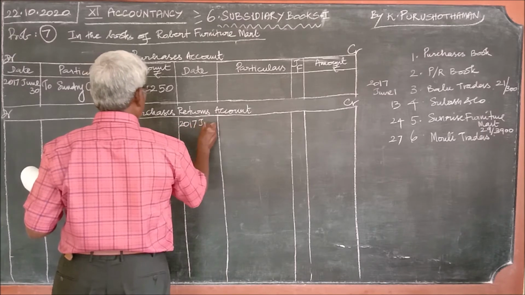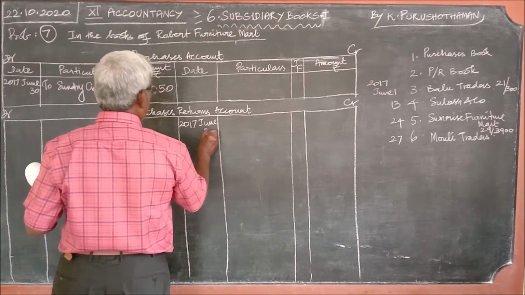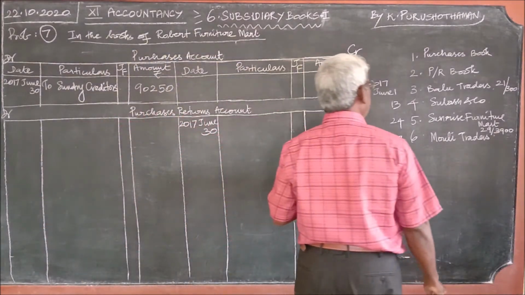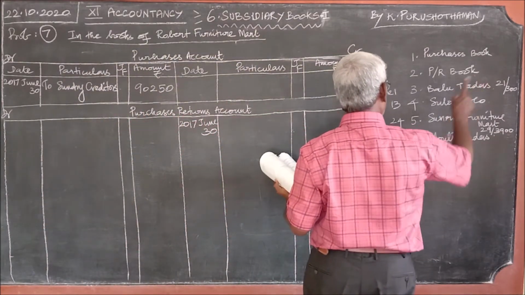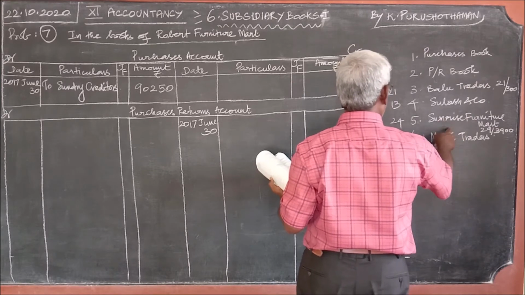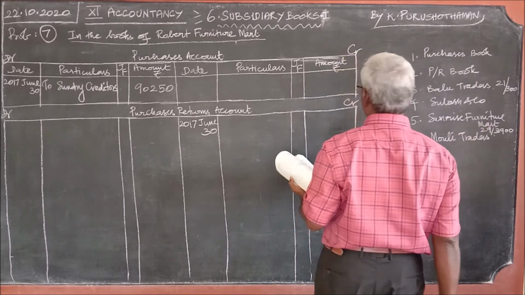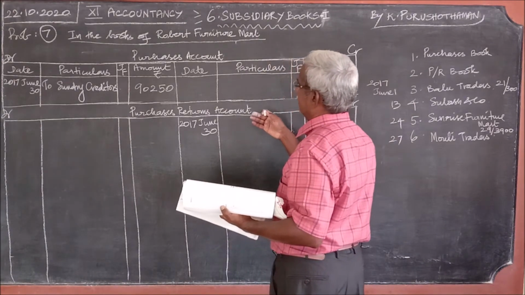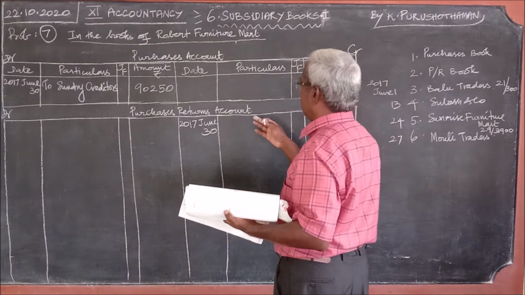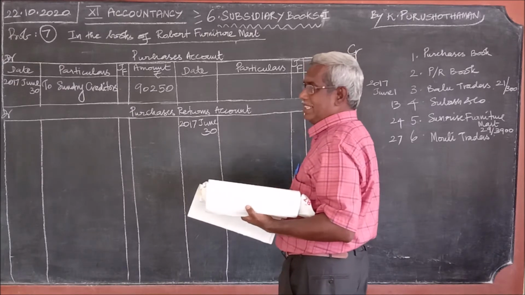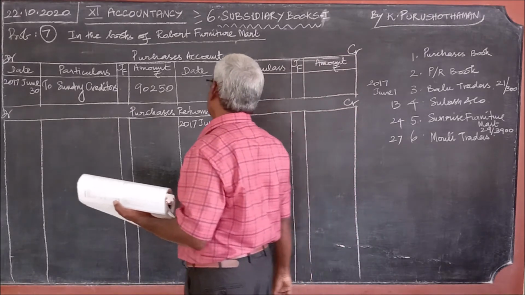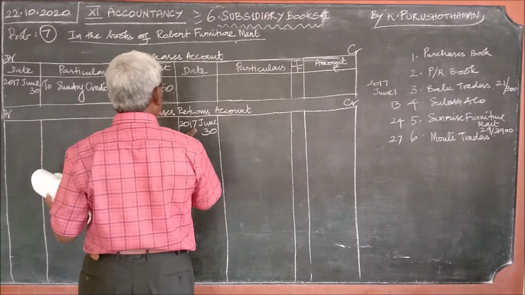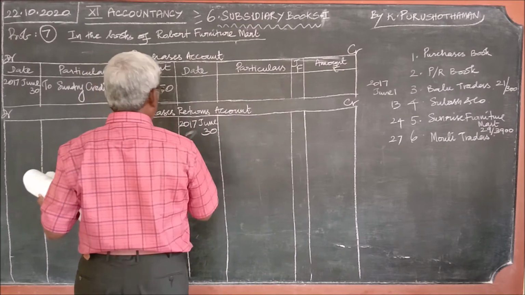2017 June 30th, because the goods were returned to Balu Traders on 21st, to Sunrise Furniture Mart on 29th, on different dates. But here the sundry creditors are given as a combined entry. So we should write the last date of the month for which we are preparing the account.